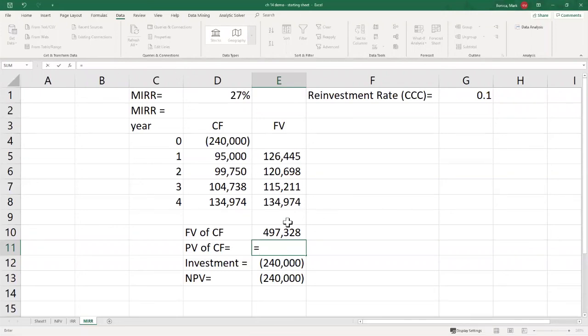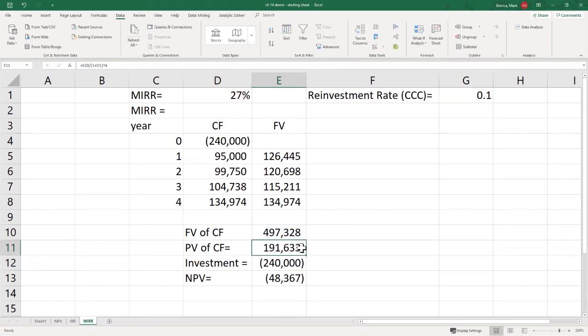So I'm going to take this value, divided by 1 plus the MIRR number, which right now is set at our IRR of 27%, but we'll just leave it there for a second, raised to, in this case, the fourth power. We'll just leave that hard-coded.